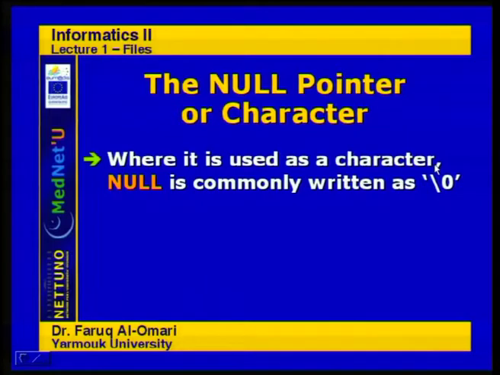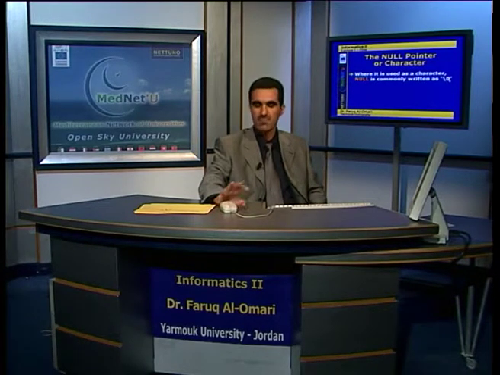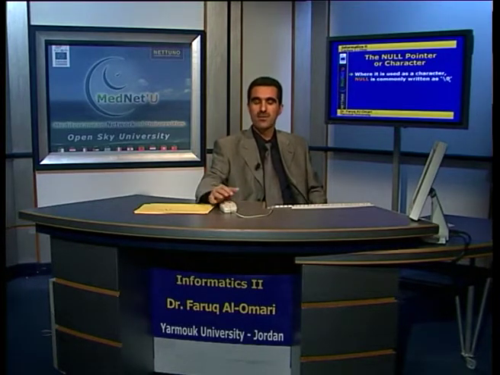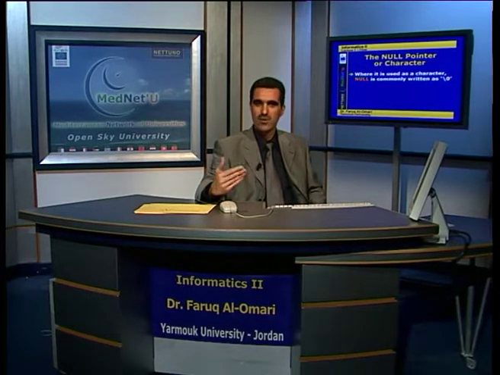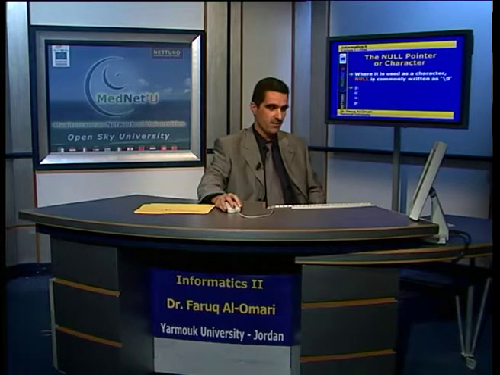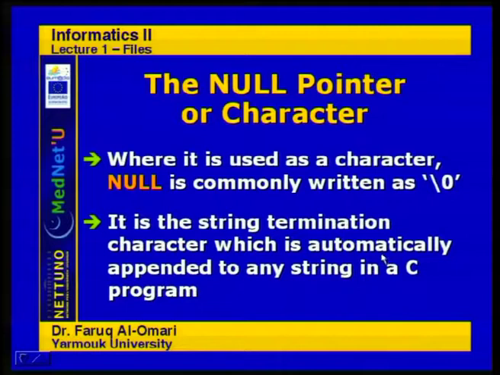The last character physically in every string is a /0, and that indicates the end of the string. We don't see this character, but C uses it to check for the end of the string. So that's the way we use null as a character. It is the string termination character, which is automatically appended to any string in a C program.